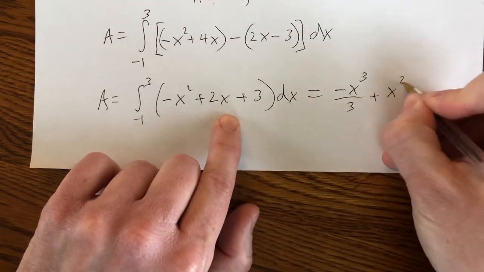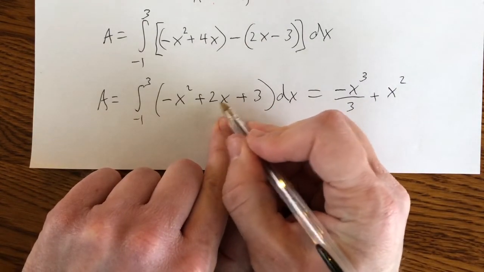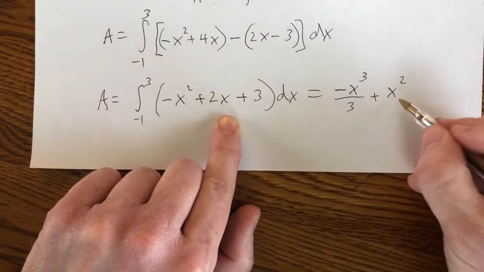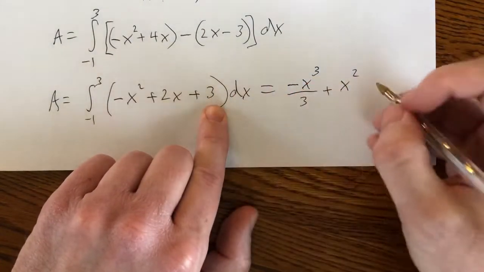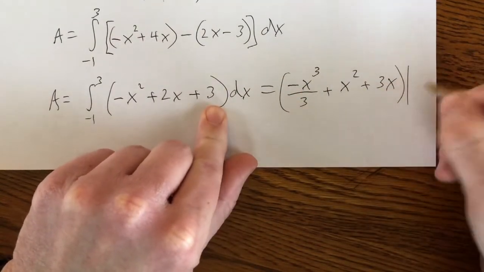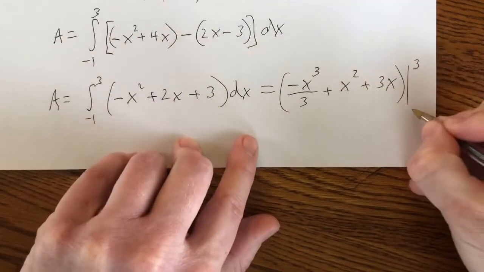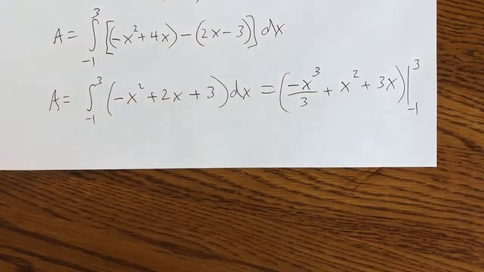This would be just x squared, right? The antiderivative or integral of 2x is x squared, okay? And then the integral of a constant is just that constant times x. And again, we're going to be evaluating this based upon the lower limit of negative 1 and the upper limit of integration, 3. Let's see what we end up with.